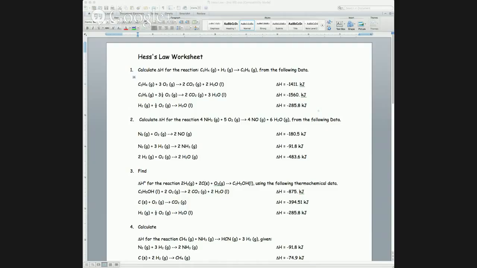You know what's really awful is that my handwriting is so bad on this that you guys are hardly going to be able to tell what I've got going on.